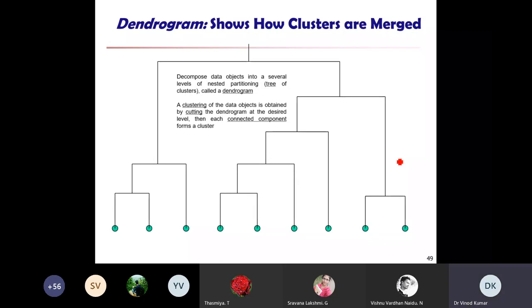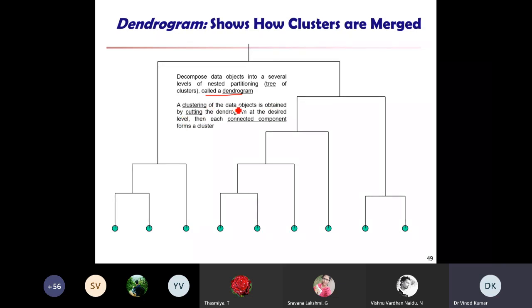And what is the dendrogram? The dendrogram is the tree structure that we form in the cluster. Dendrogram shows how clusters are merged. You can go through what is written here: decompose data objects into several levels of nested partitioning, a tree of clusters called the dendrogram.